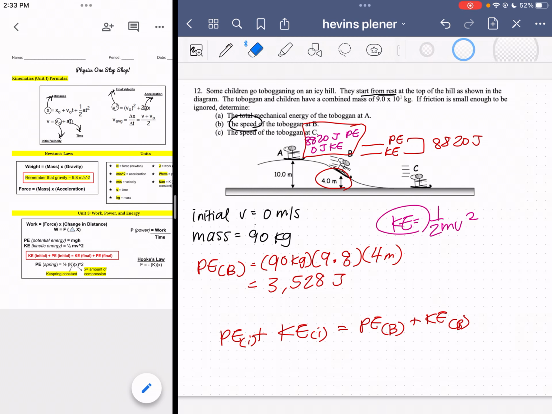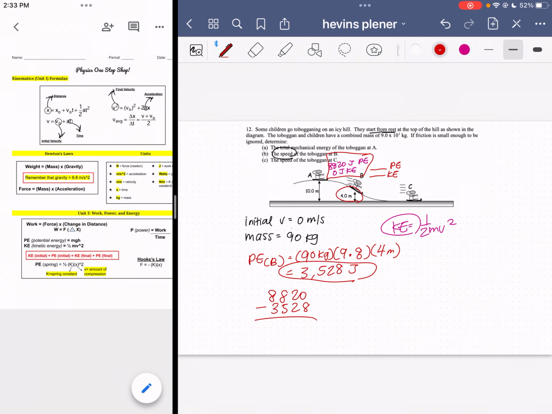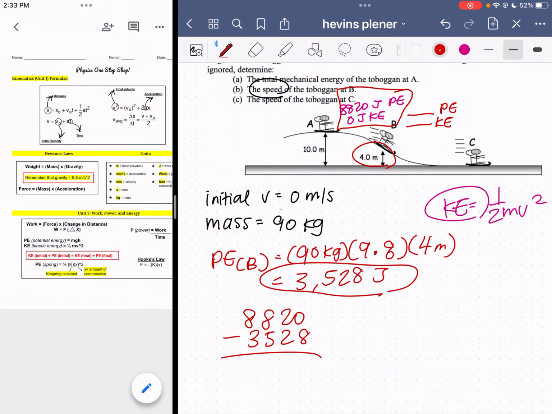So what we're going to do is minus what we got for our potential energy over here: 8,820 minus 3,528, to get our kinetic energy. Whoa. 5292 joules. Kinetic energy of B.